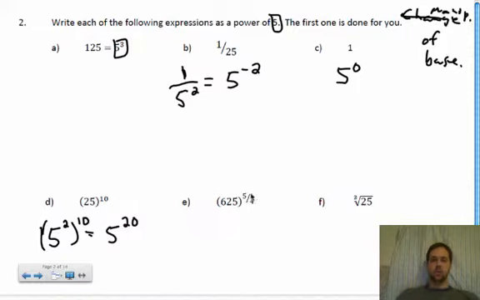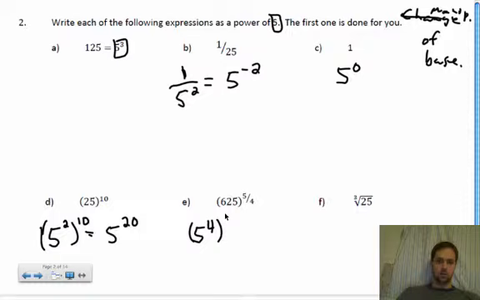625 to the power of 5 quarters. Gross. First, let's deal with 625. 625 can be written as 5 to the 4. You can verify that with your calculator if you want to. And now we are going to raise this thing to the power of 5 quarters.